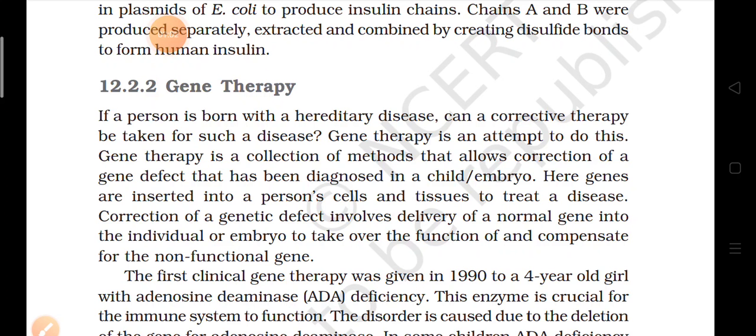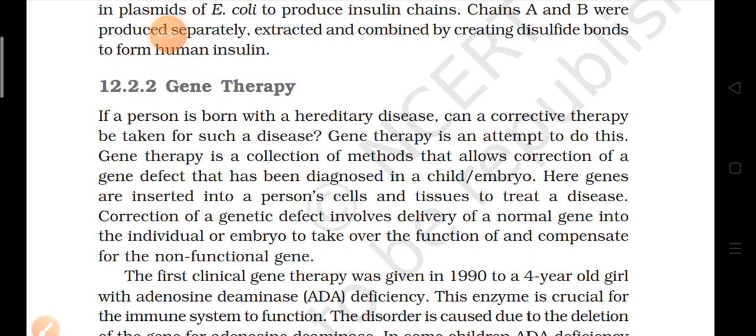So with the help of biotechnology, the defective gene is removed from the set of genes and replaced by the correct gene, and in this way the right protein is produced and the right characters are produced in the body of the organism.